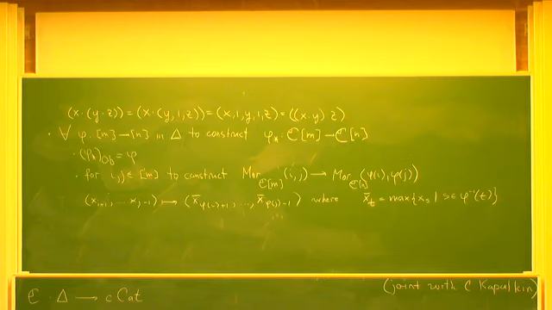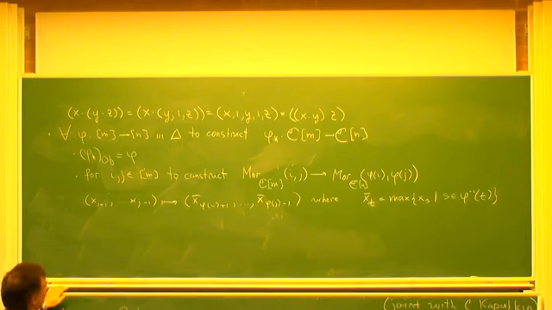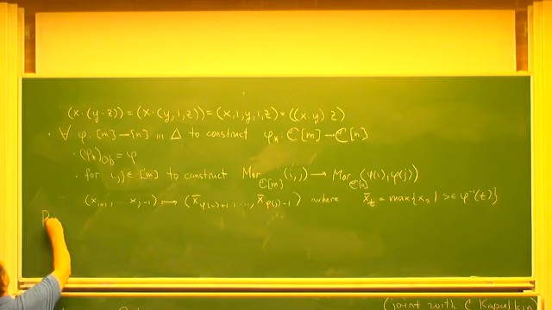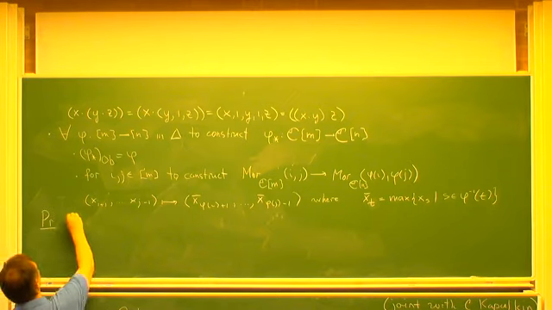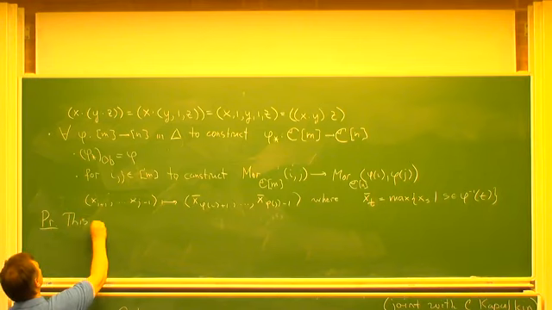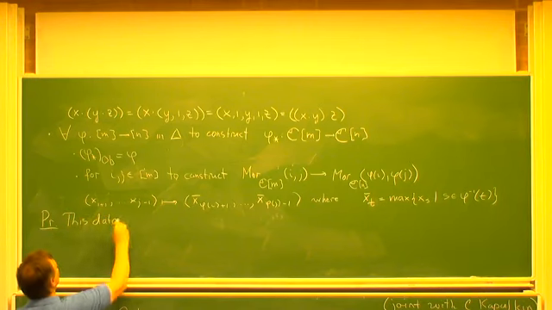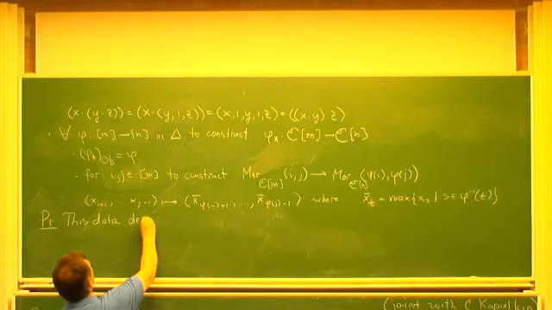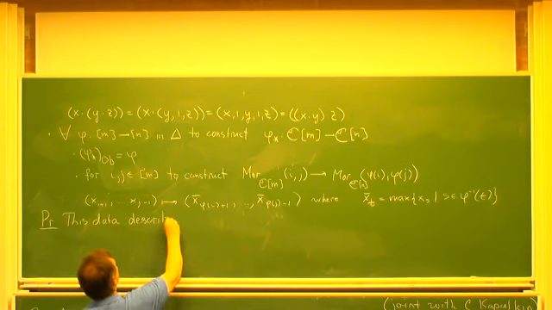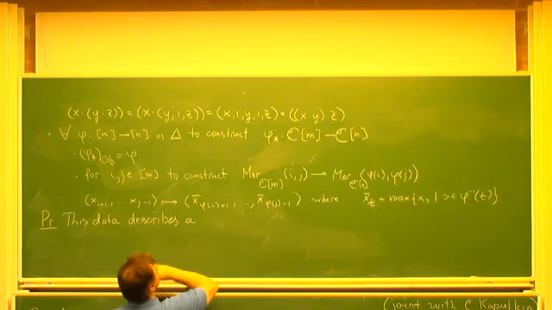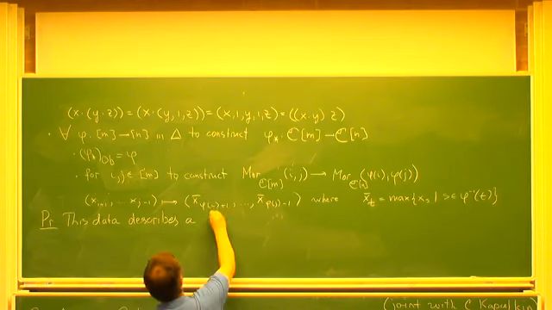But all of that needs to be verified, so one has to verify several properties, and at the end one comes to the proposition that this data describes a functor.